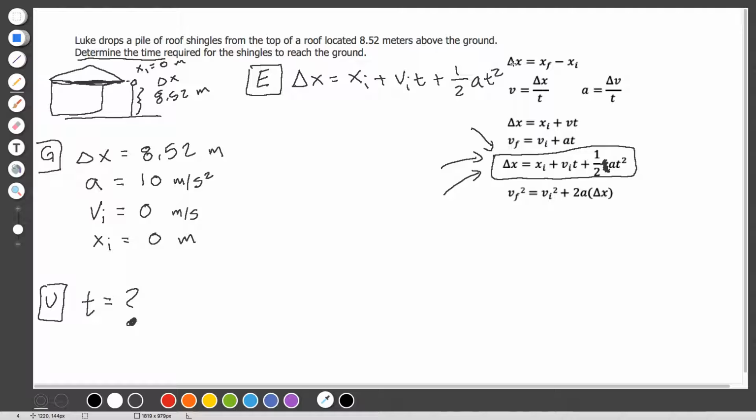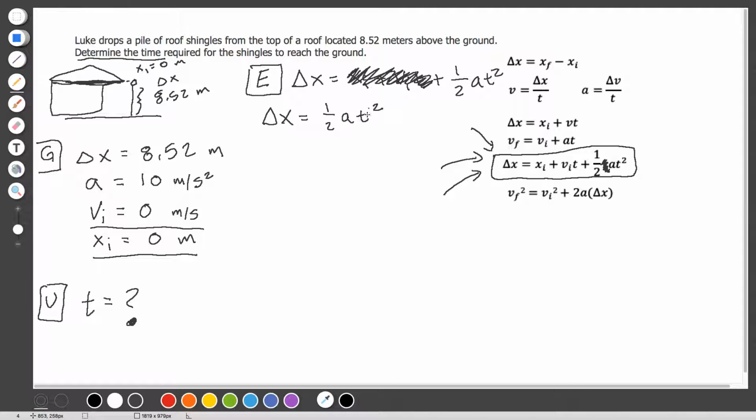Just like last time. So x initial is 0 and velocity initial is 0. So let's just go ahead and get rid of those. Don't need those anymore. Delta x equals 1/2 at squared.